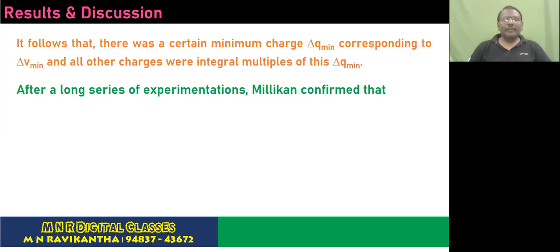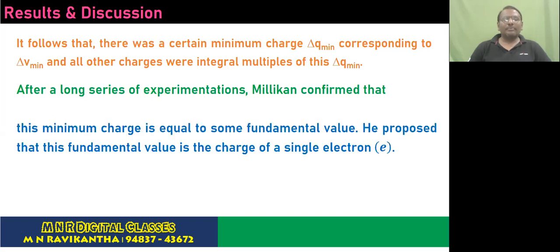After a long series of experiments, Millikan confirmed that this minimum charge is equal to some fundamental value. He proposed that this fundamental value is the charge of 1 electron. That is, delta Q, the change in value, is equal to an integral multiple of this fundamental value.